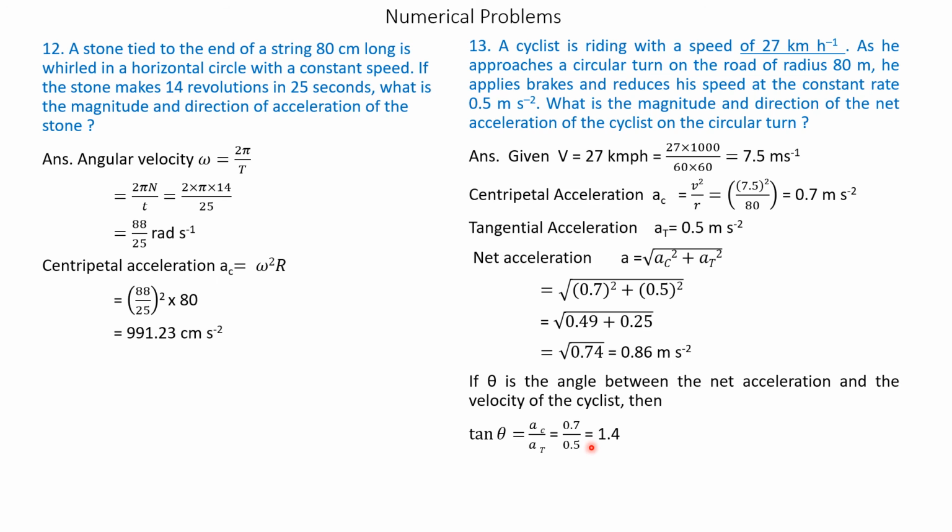Simplifying, tan theta is equal to 1.4. Therefore, theta will be equal to tan inverse of 1.4. From tables, if you refer, you will get theta equals 54 degrees 28 minutes.